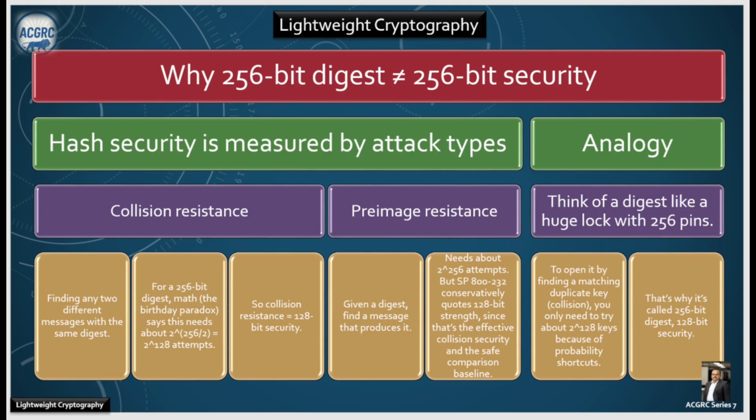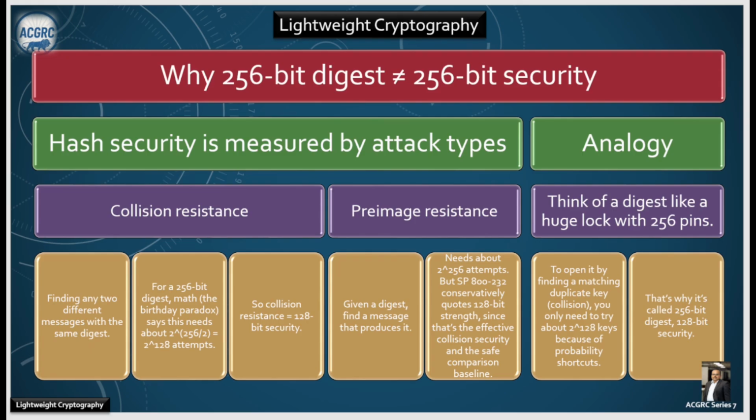So collision resistance is 128-bit security. Pre-image: given a digest, find a message that produces it. It would need about 2 to the power 56 attempts. Since that's the effective collision security and safe comparison baseline, SP 800-232 conservatively quotes 128-bit.